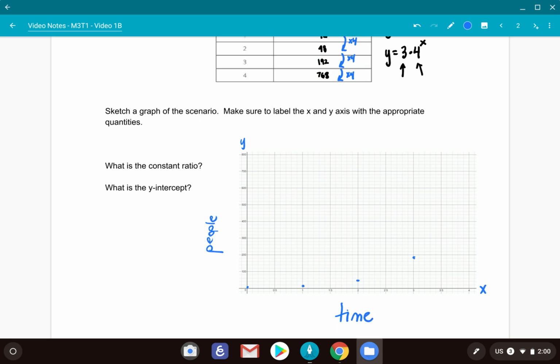So almost 200, so you're about right there. Then day 4, you're at 768. So you can see our constant ratio in this case is 4, and our y-intercept was 3. We started with 3 people.